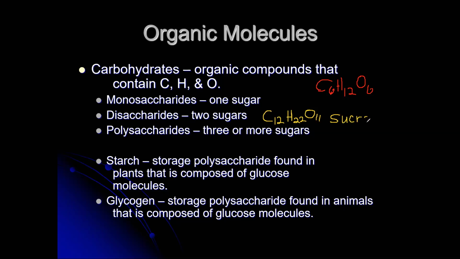So if you look at that really close, look at the difference between two of these formulae and this formula. What are you missing? If you were to double this, you would have C12H24O12. So what are we missing? Two hydrogens and an oxygen, right? What does that make?